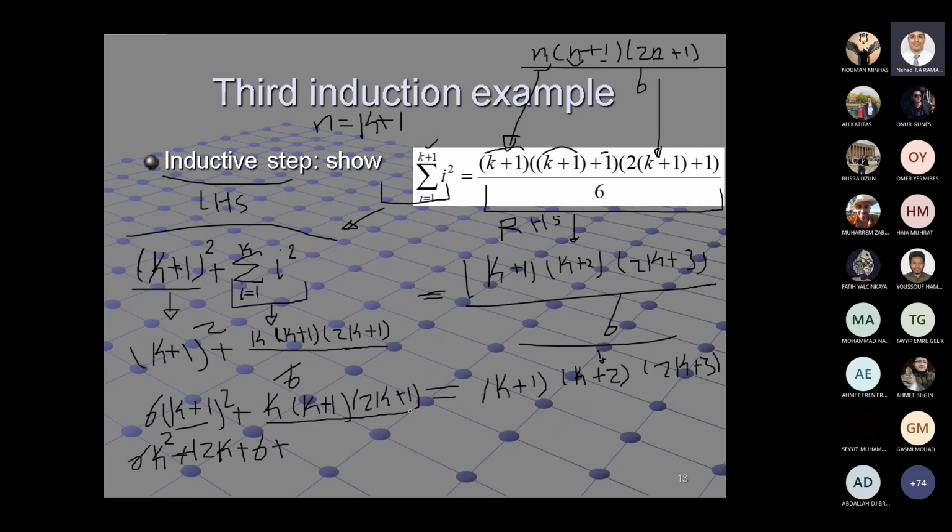Now let's calculate this one. It's k multiplied by k, so k square plus k. K inside. K by k, k square. K by 1, k.